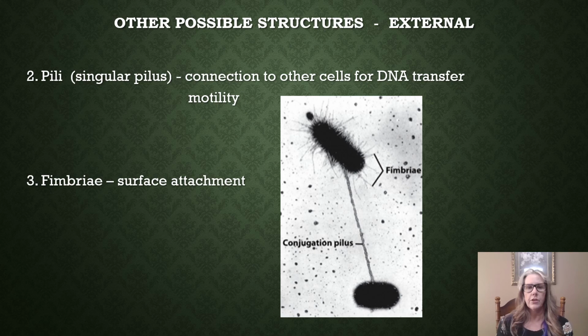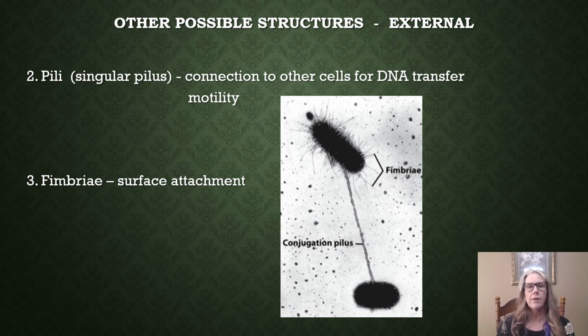A couple other external structures of bacteria. Another one is pili. Pili is a plural word; it's pilus for singular. These are used mainly for connection to other cells and for DNA transfer. Bacteria reproduce asexually, but we will talk about the times when DNA transfer can occur in bacteria, and they do use a conjugation pilus.